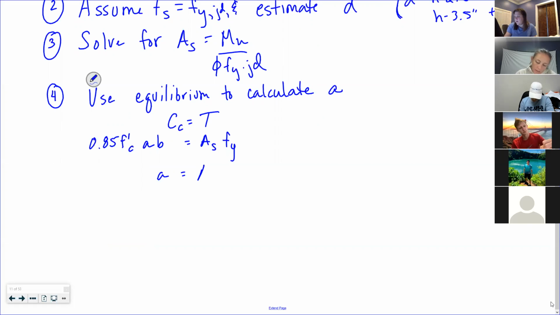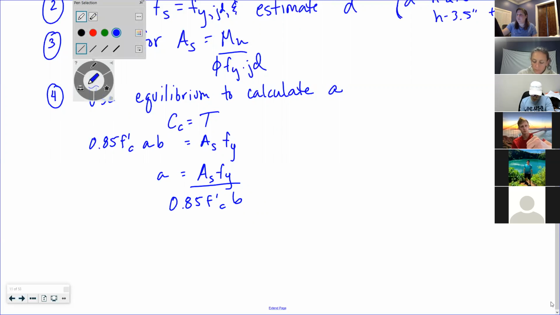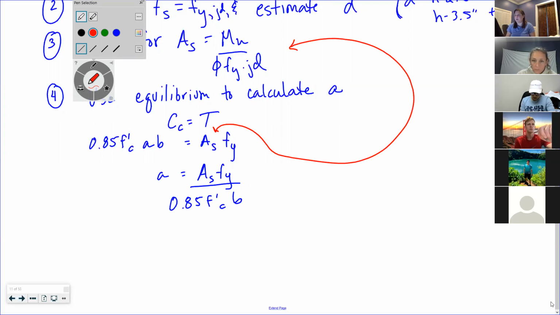So that's As fy. And that's the As that you just solved for in step 3.